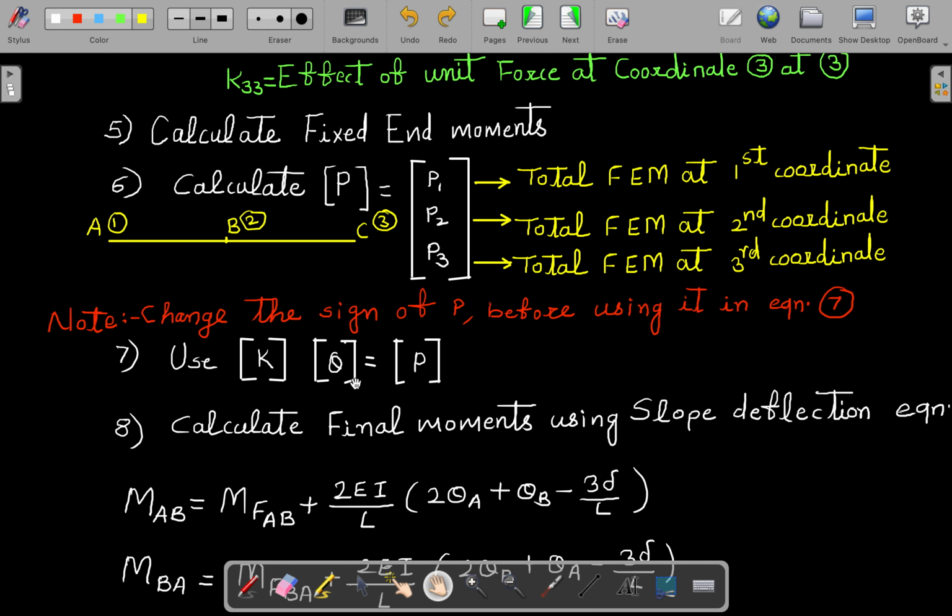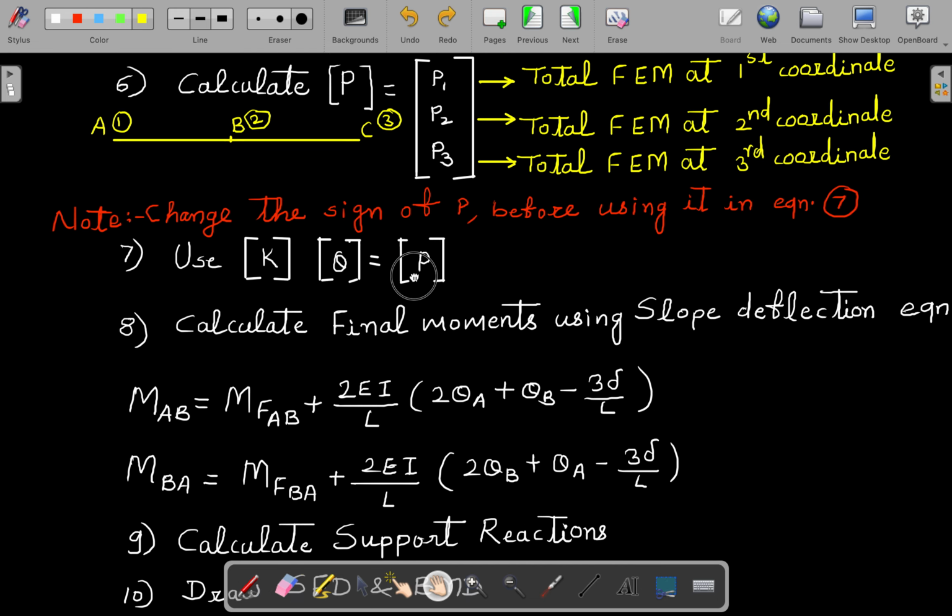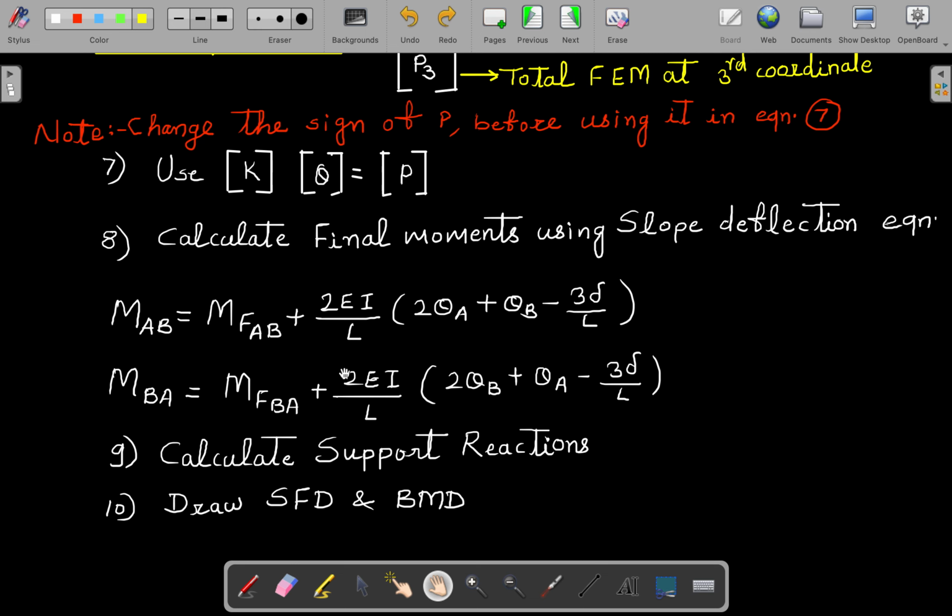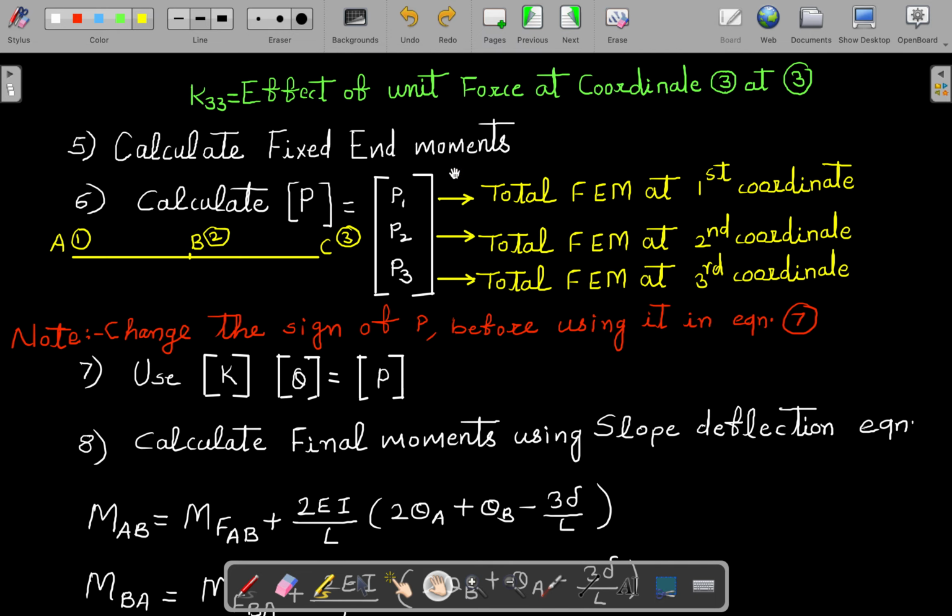With the help of this matrix, we will get the values of theta. Once we get the theta values, we use the slope deflection equation and calculate the final moments. Once we get the final moments, we can calculate reactions and draw the shear force and bending moment diagrams. So these are the basic steps for the stiffness method.